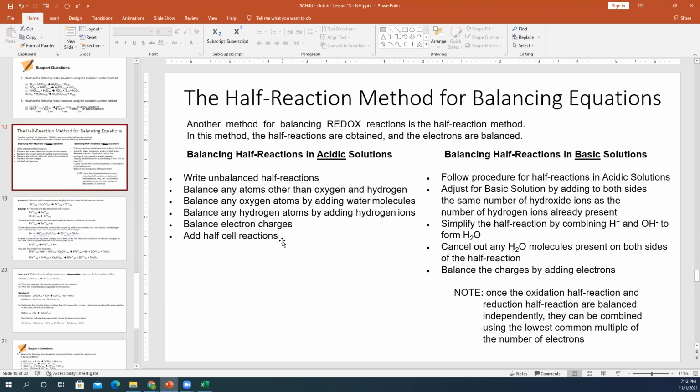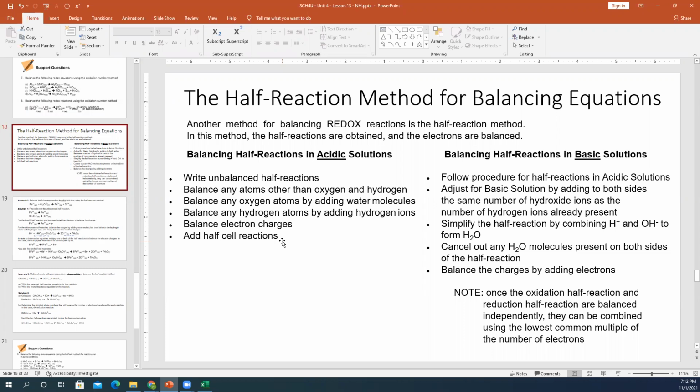Then you want to balance any hydrogen atoms that came from the addition of that water by adding hydrogen ions. Then you want to balance the electron charges of the half reactions. And then you add the half reactions together, and that will give you the final balanced equation for that reaction in an acidic solution.